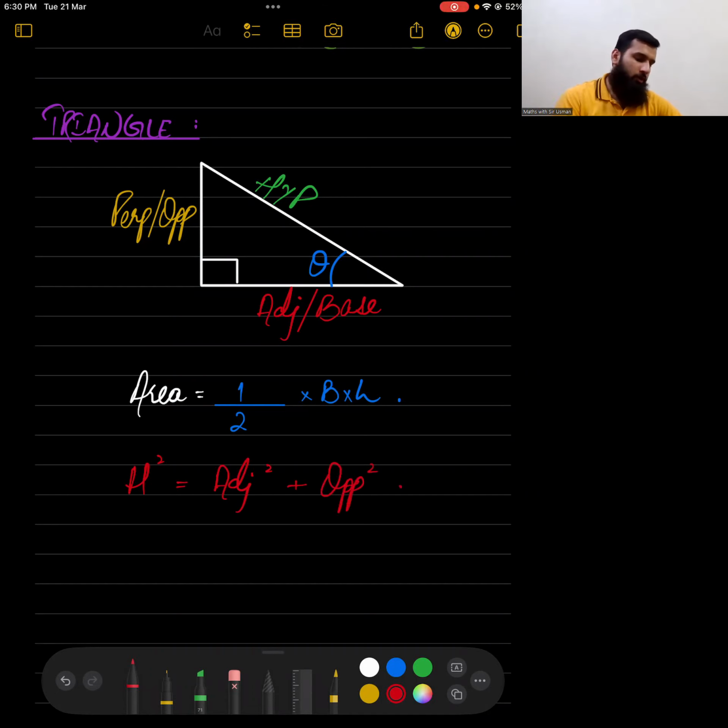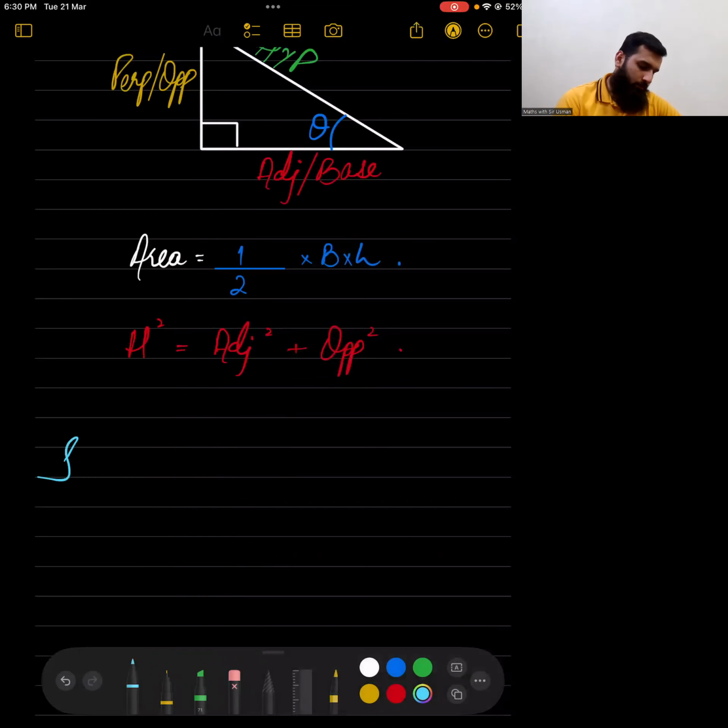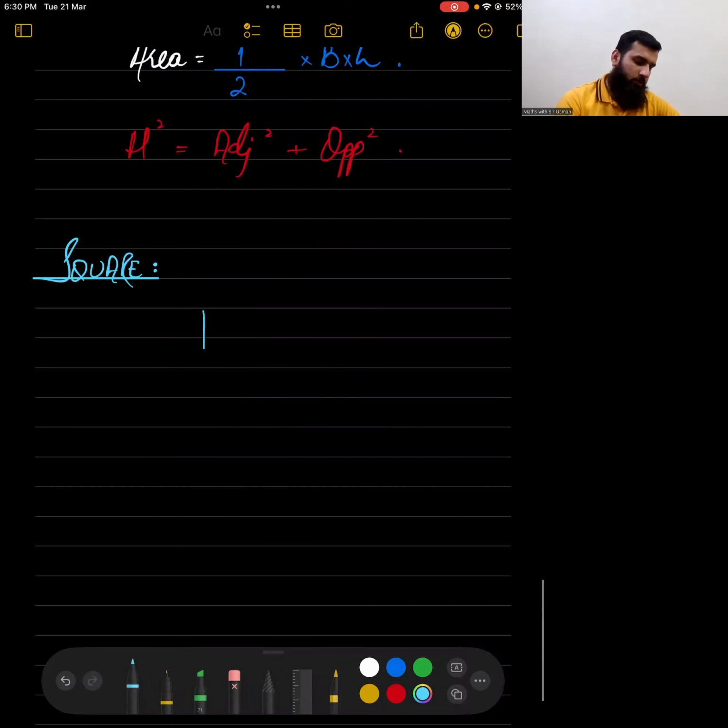Now, moving forward onto the next shape, and that is square. So square is basically a regular polygon and it will have all of its sides as equal.